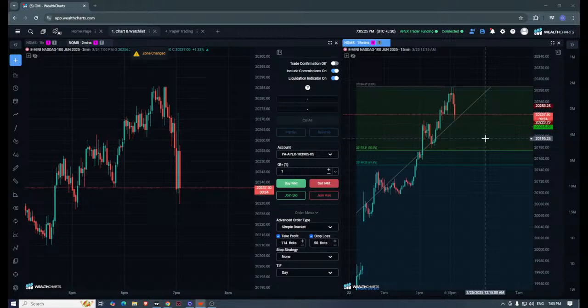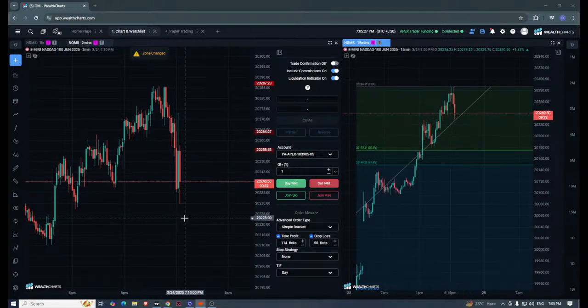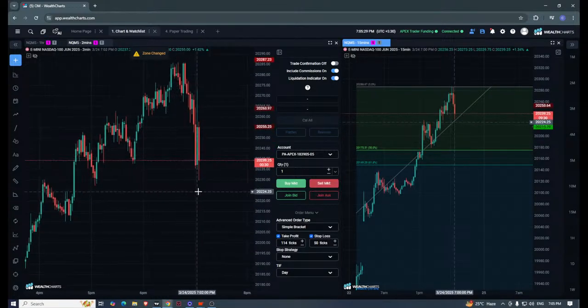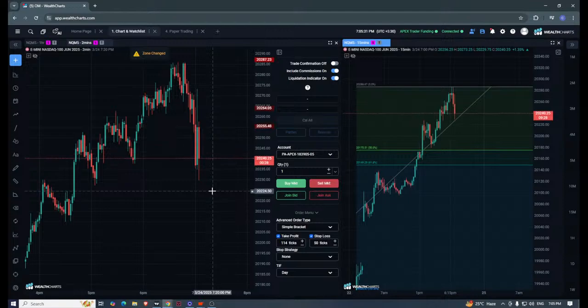I'm gonna come here, 195. Is this 195? No. Indecision in the market. Gold is not respecting the double bottom as of now.